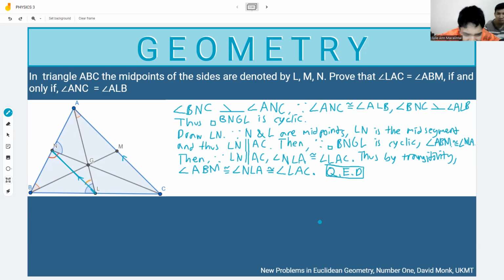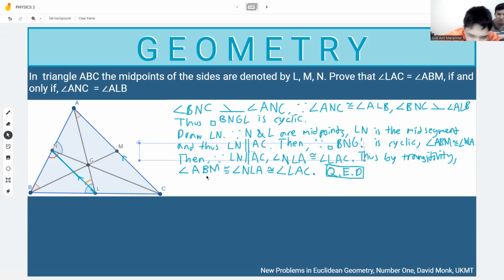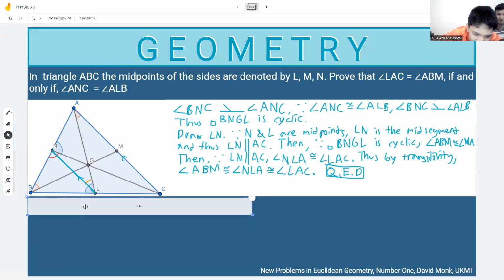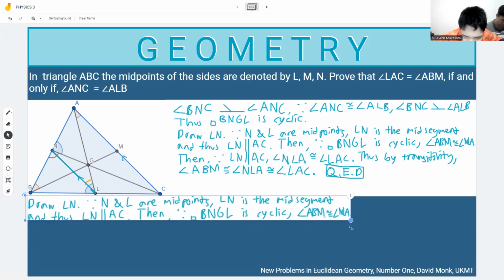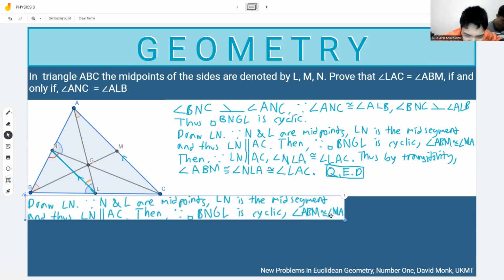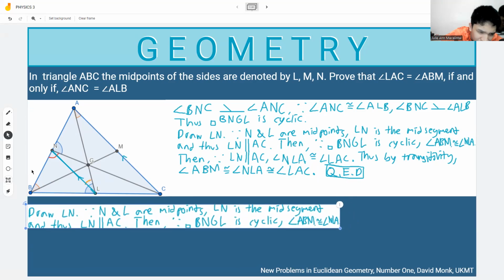I will edit this. This is also to demonstrate that it is literally the opposite of this proof. I will not write anything anymore, so you can really see that this is indeed the opposite of this proof.